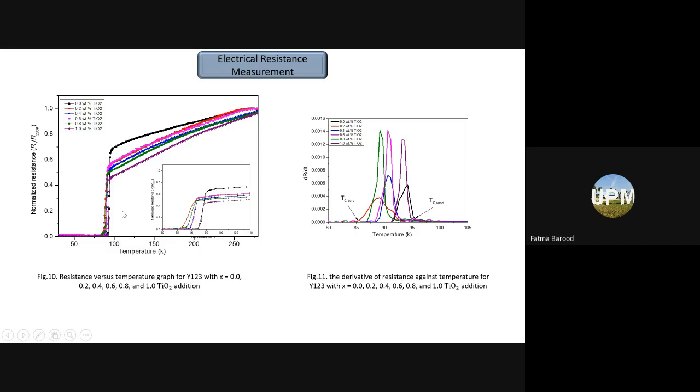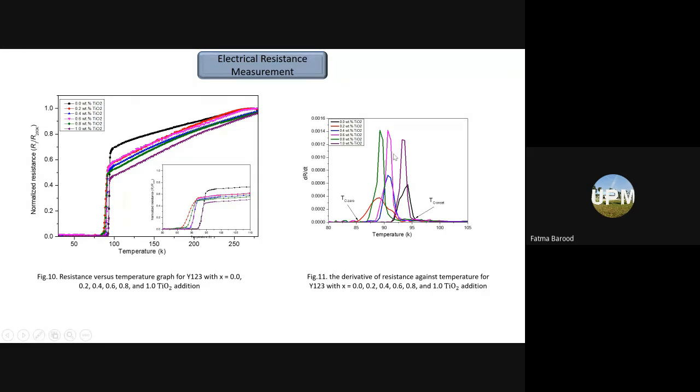The resistance decreased for all samples. Moreover, there was a reduction in TC onset and TC0 for all samples. This is expected due to the formation of impurities.